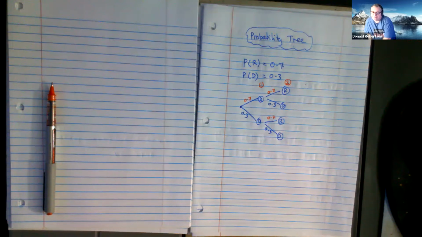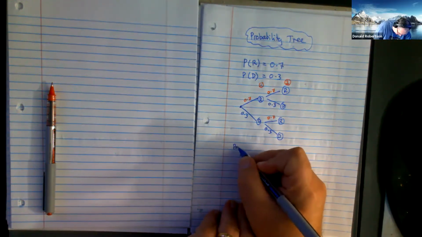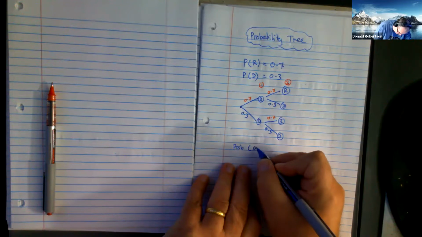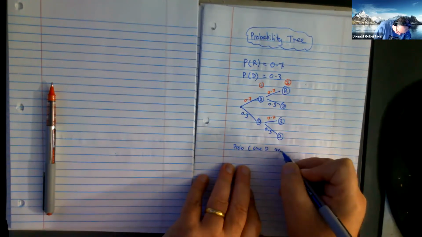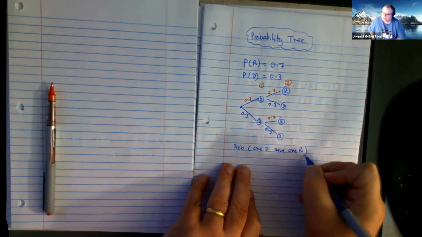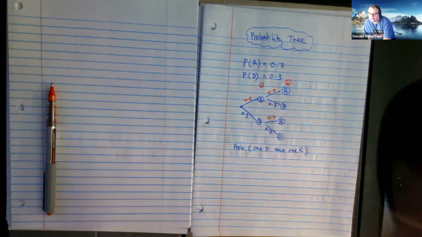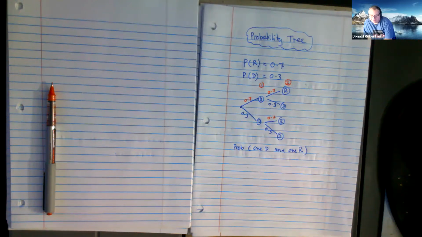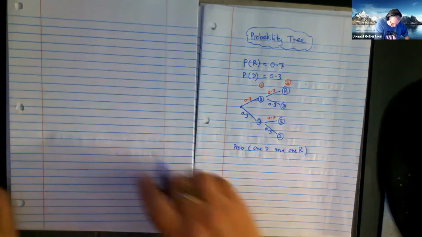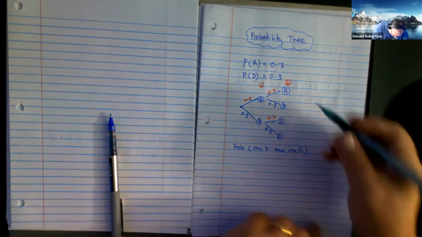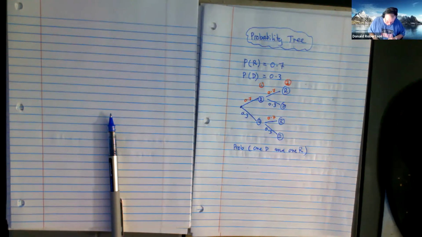Now, from this tree, you can actually get probabilities for certain events. For instance, what's the probability that it's one dry day and one rainy day? Suppose I'd like to know, what's the chances over the weekend, let's say a Saturday and Sunday, that I get one dry and one rainy day? Now, what you do in these diagrams is you look at the 4 destinations because they represent all the things that could happen over that 2-day period.